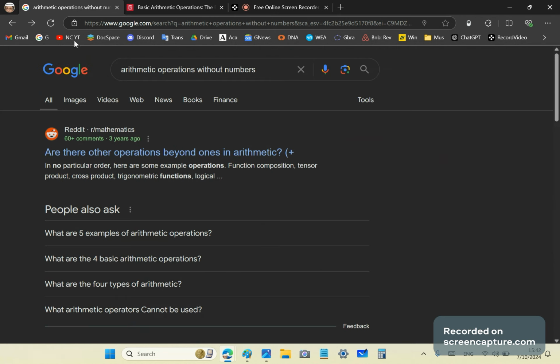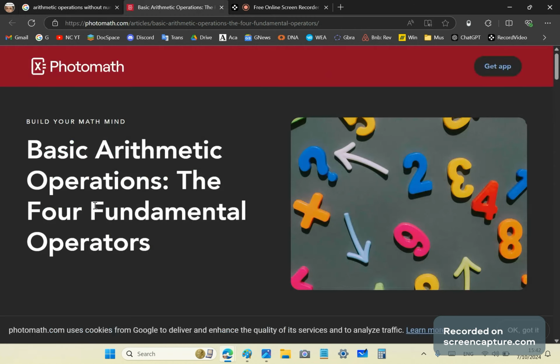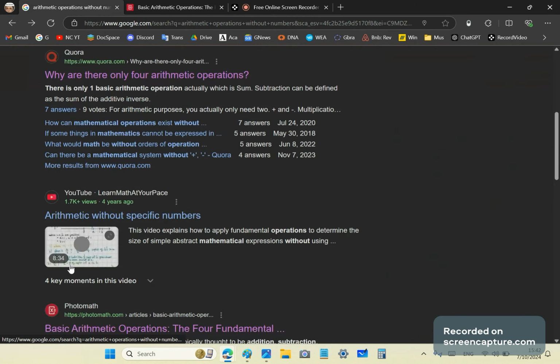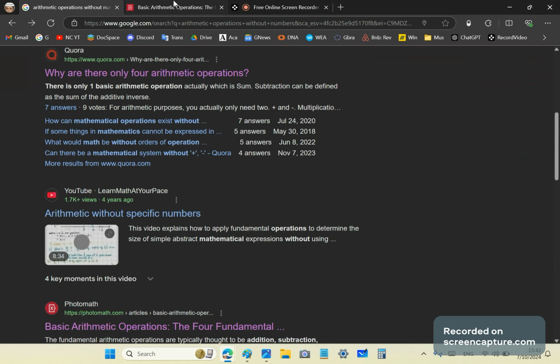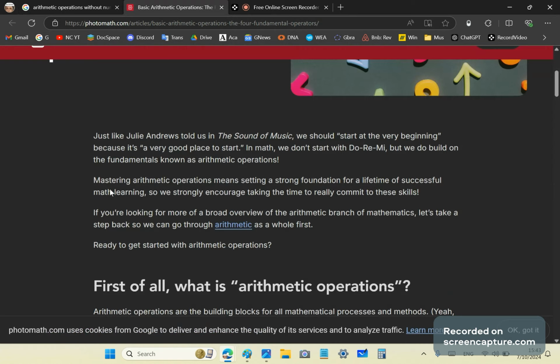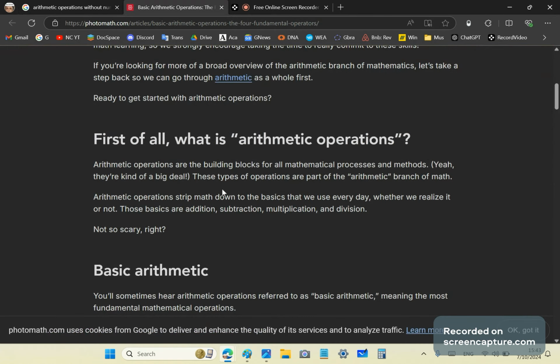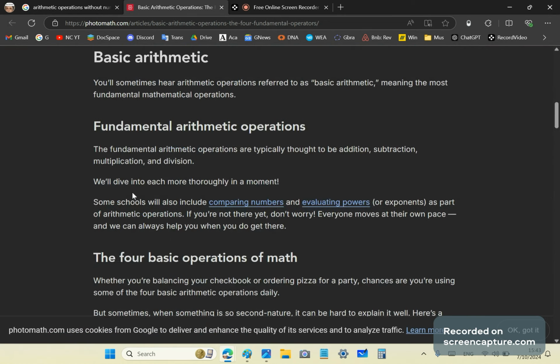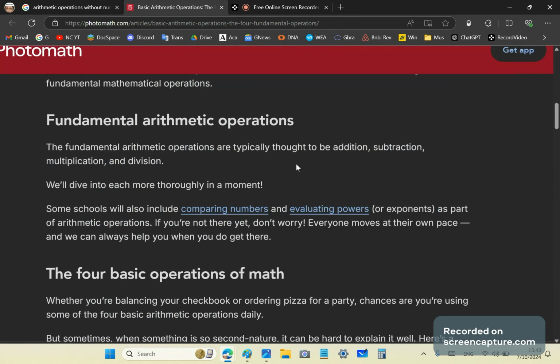But anyhow, let's look at one of the links that are gotten from here, which is the PhotoMath link. And it says that arithmetic operations are the building blocks. Well, yes, they are very important. And it says that the fundamental arithmetic operations are typically thought to be addition, subtraction, multiplication, and division.